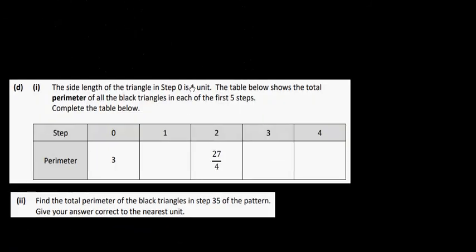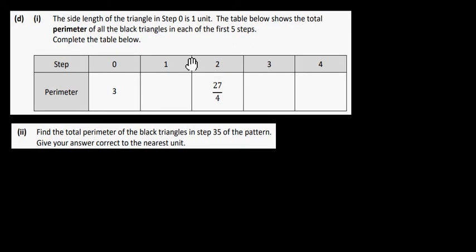Okay, let's have a look at part D and part 1 of part D. Now the side length of the triangle in step 0 is 1 unit. So we're going to have our equilateral triangle, and it's going to be 1, 1, and 1. Now the table below shows the total perimeter of all the black triangles in each of the first 5 steps.